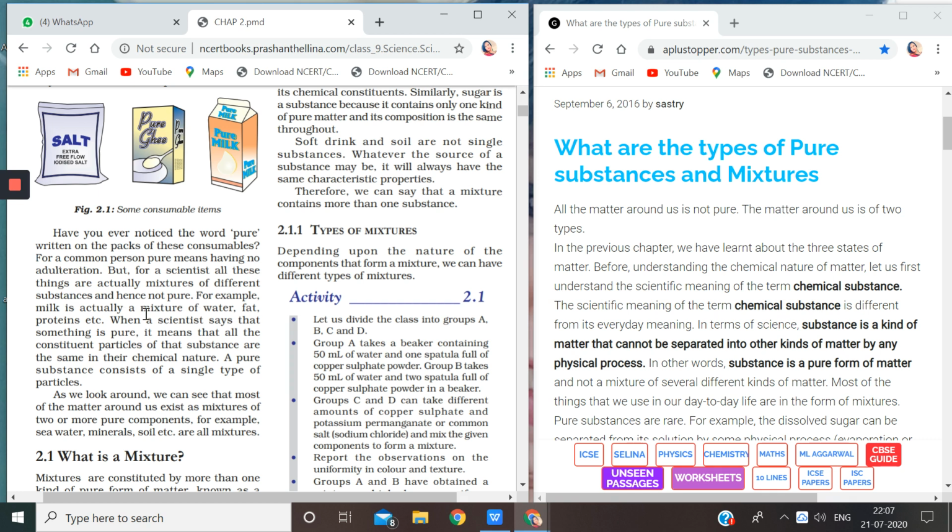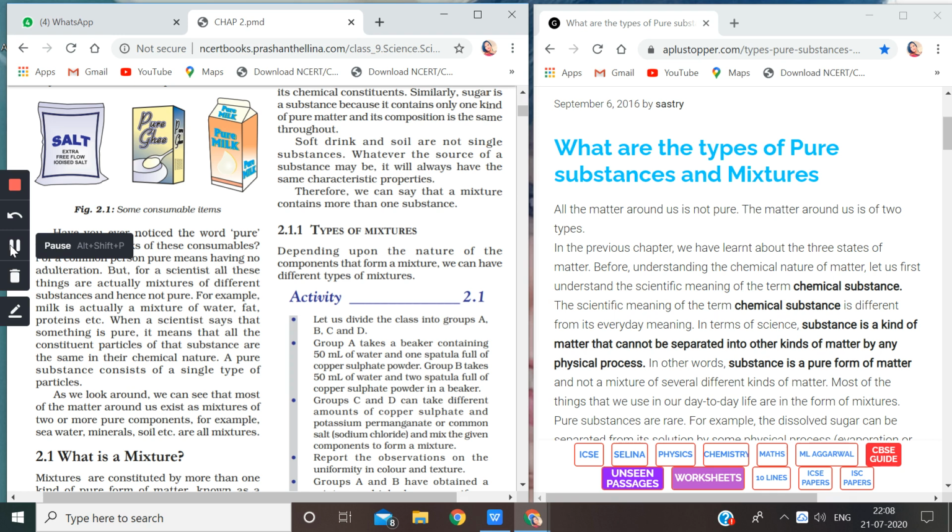For example, children, milk. If I ask you about one spoon of milk, is it pure? What should be the answer? Few of you would say yes, milk is pure, right?